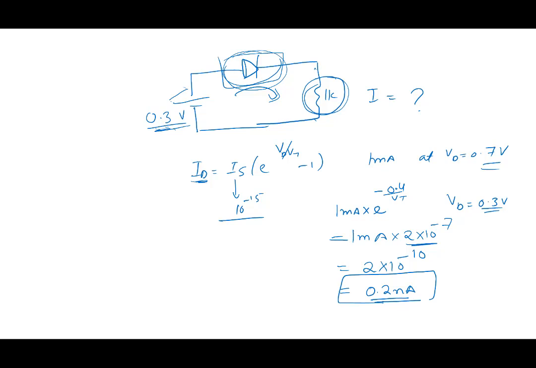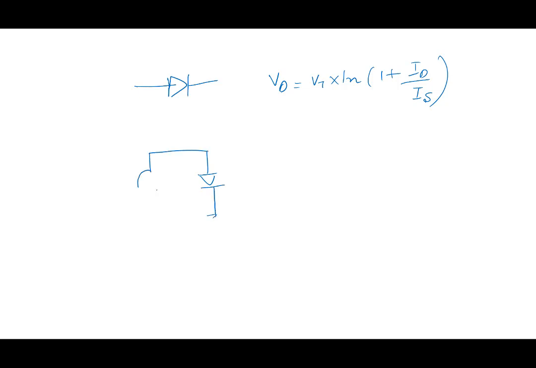The other thing that you need to remember is even when you are applying 0.7, this is also important. So coming back to a diode, we know that diode voltage VD is VT into ln(1 plus ID by IS). Right? So let's say I take a diode and I apply a 1 milliampere current.